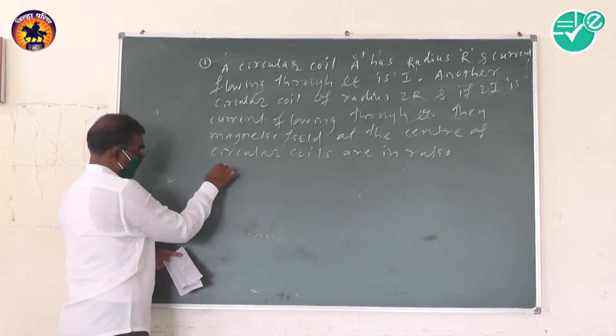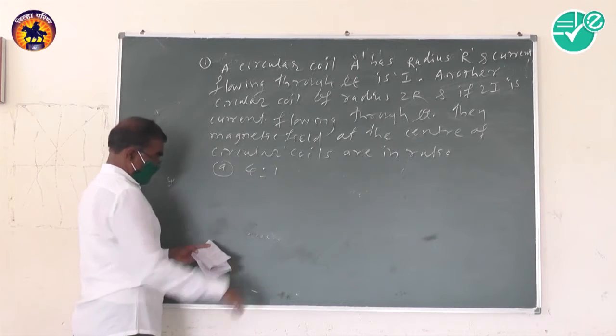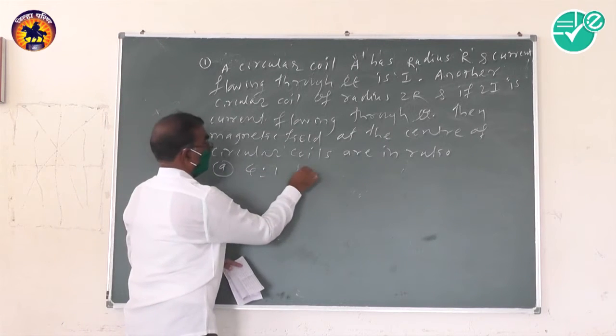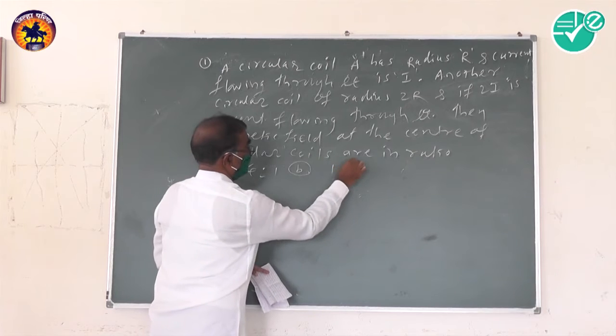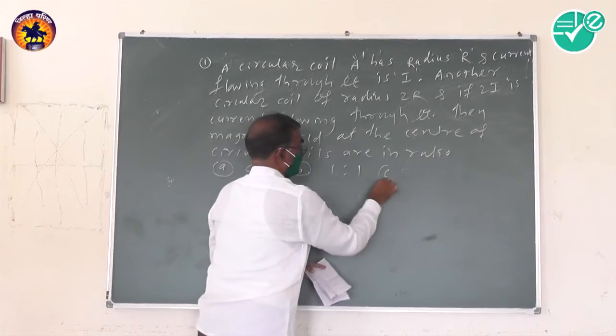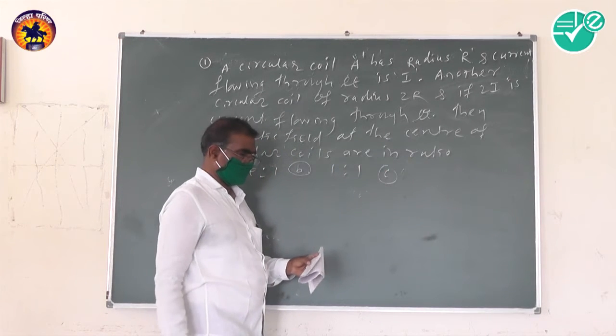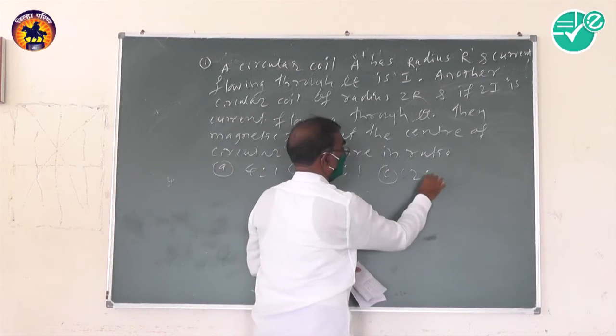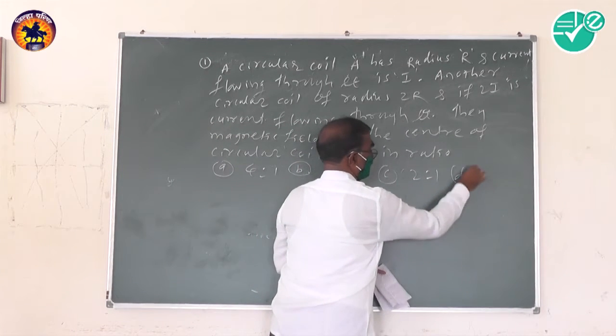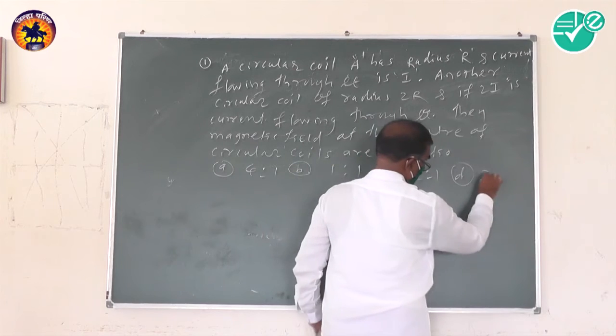The multiple choice is A 4:1, B 1:1, C 2:1, and D 3:1.